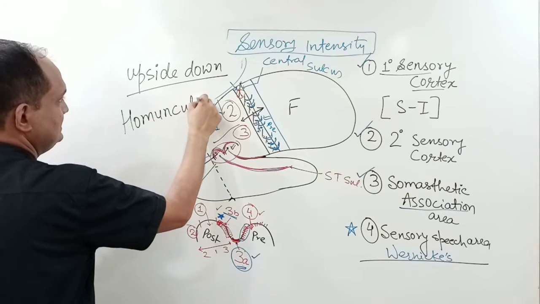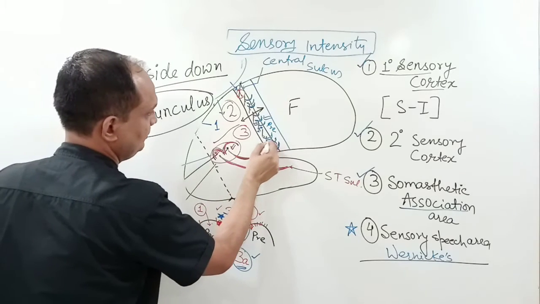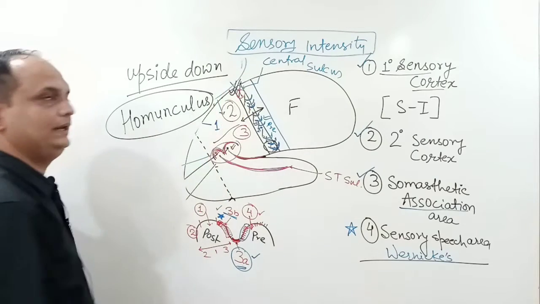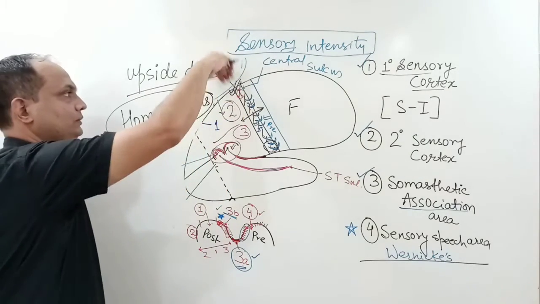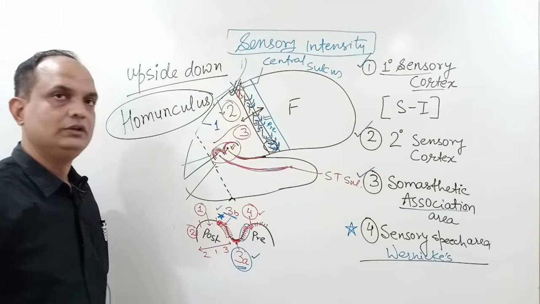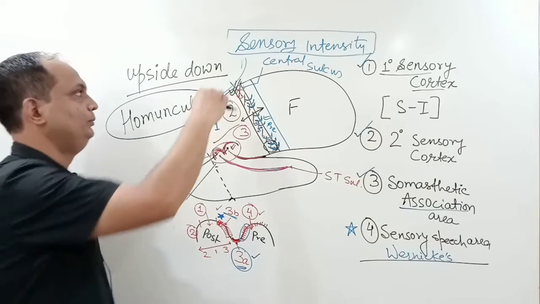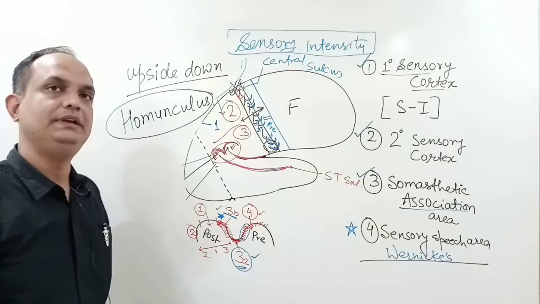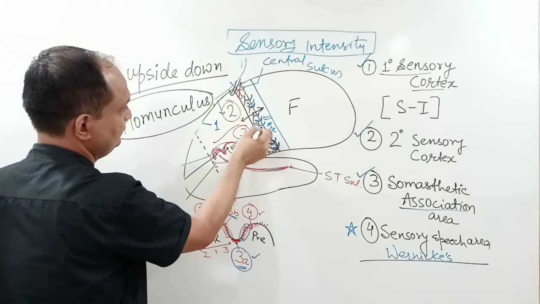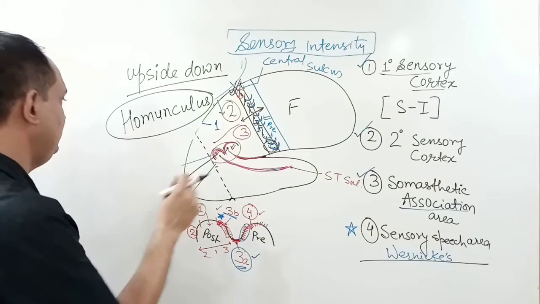In this sensory homunculus we have the sensations of the upper part of the body in the lower area and the lower part of the body in the upper area, and that goes into the posterior part of the paracentral lobule on the medial surface also. That also has the sensations of defecation and micturition in the posterior part of the paracentral lobule on the medial surface.